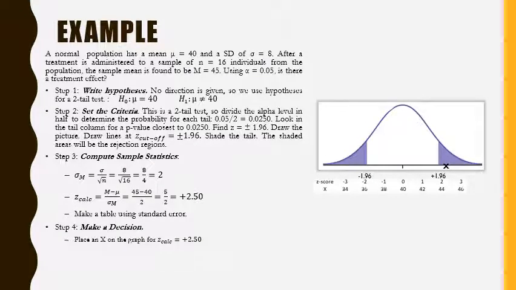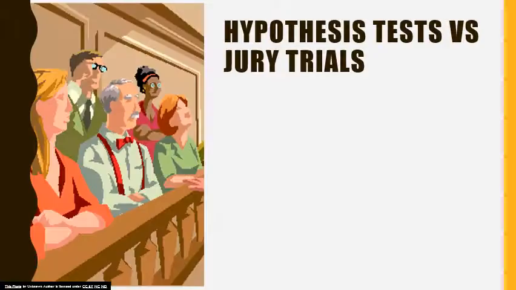Then I want you to make a decision. Put the X on the graph for where you calculated your z-score. Well, you calculated 2.5. Since you're in the rejection region, you're going to reject the null. There is a significant treatment effect. Z is equal to plus 2.5. The probability is less than 0.05.